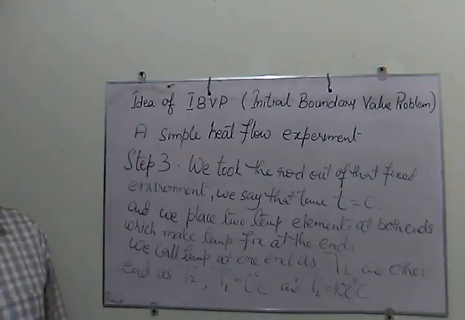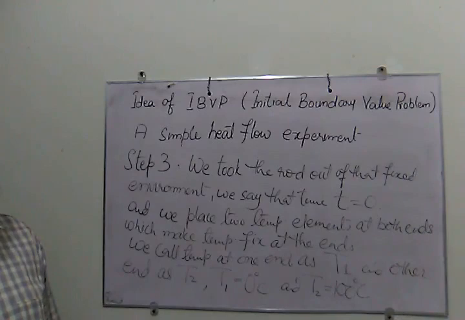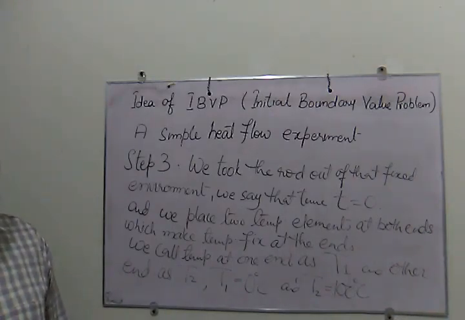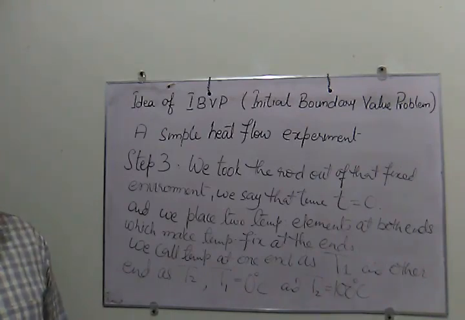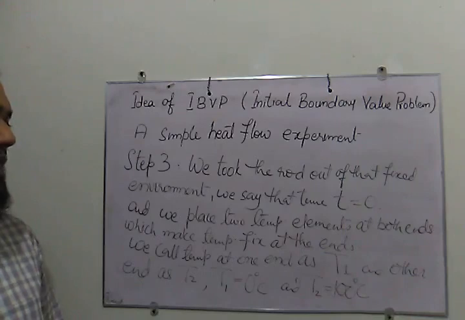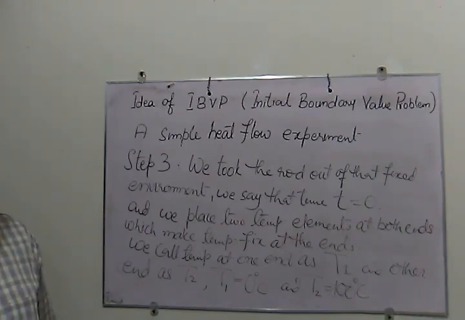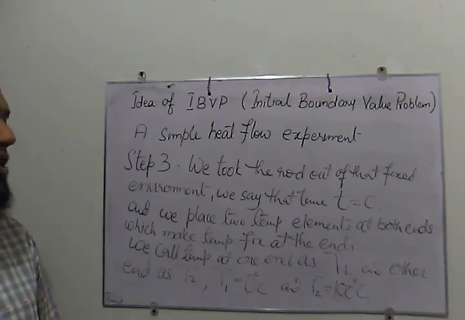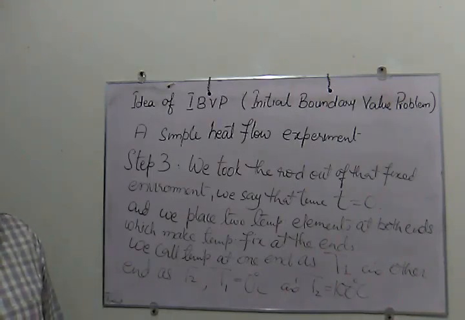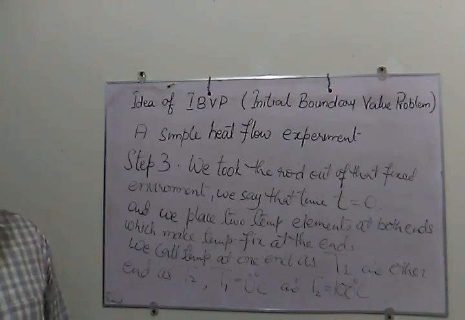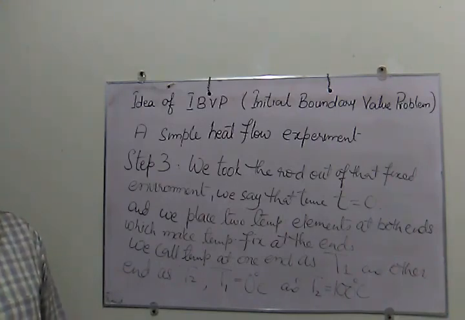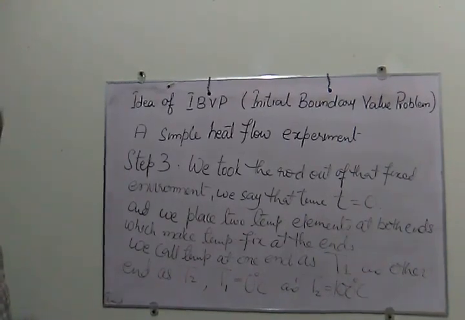So in step 3, we took the rod out from that environment and we placed two temperature elements at both ends, which makes the temperature at the ends fixed. If we name one end as 1, we call the temperature at that end T1, which is 0 degrees centigrade, and the temperature on the other end is T2, which is 100 degrees centigrade.